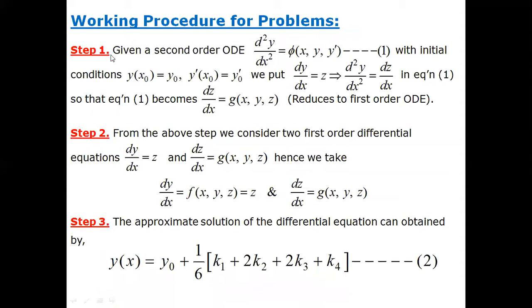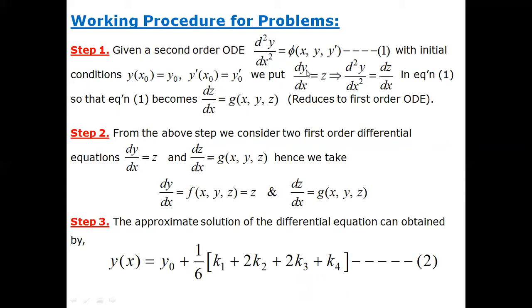First, given a second order ODE, ordinary differential equation, d square y by dx square is equal to phi of x comma y dash. We'll call it 1. They'll give a second order equation like this with some initial conditions like y of x naught is equal to y naught, y dash of x naught equals y naught dash.